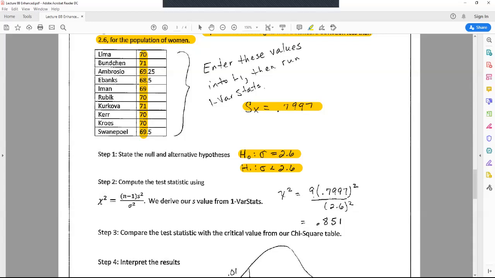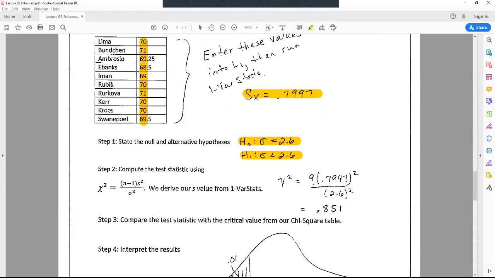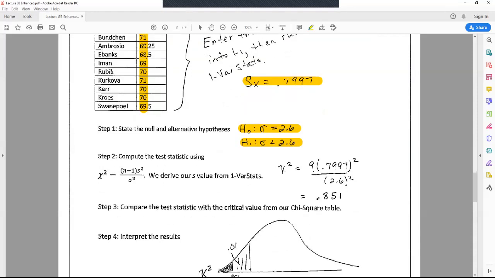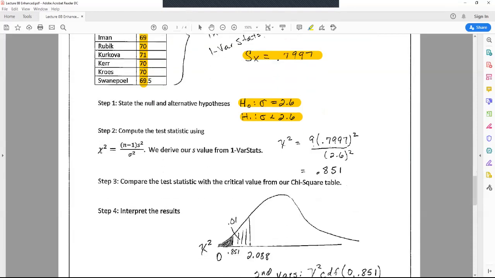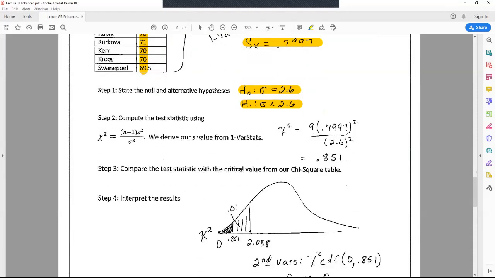We're going to use the chi-square test. The chi-square test is used whenever you are testing variance or standard deviation. And in this case, we are testing standard deviation. This is the formula for chi-square.